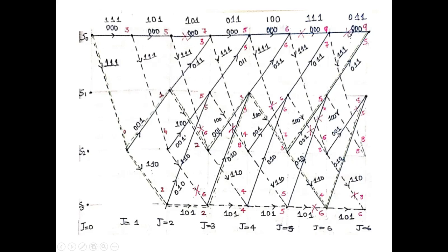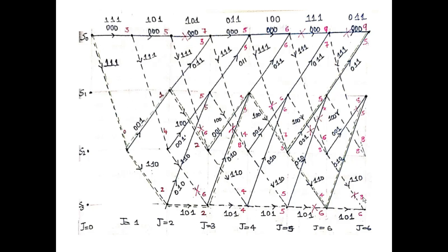So we avoided this path having 9. Here we have 8 and 5. So the path having 8 we avoided. So here we have 8 and 8. So we can't avoid any path. So here we have 8 and 6. So the path having 8 we avoided. So this way we can complete this trellis structure.